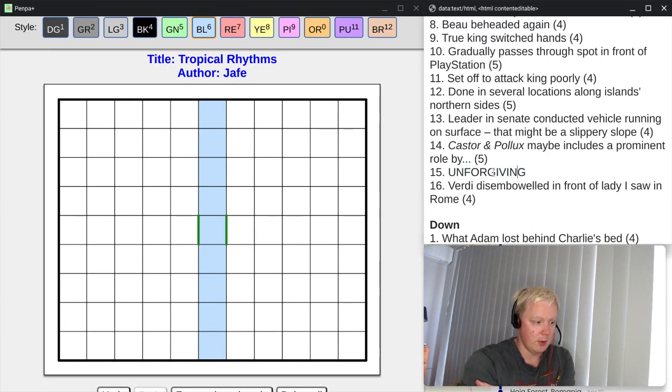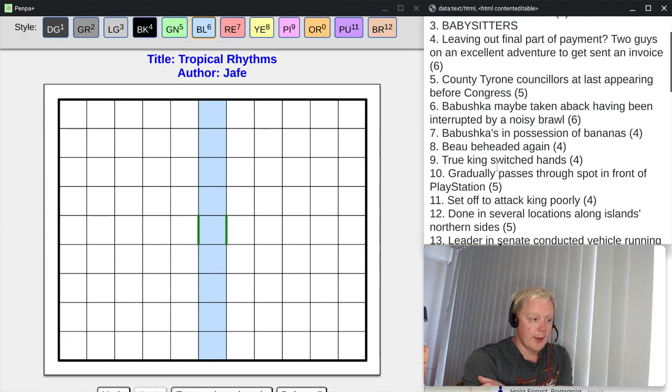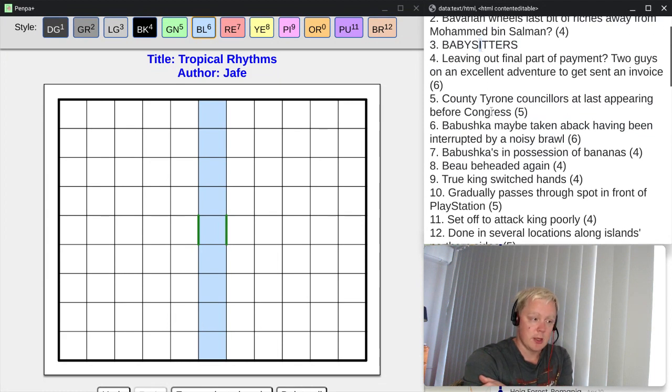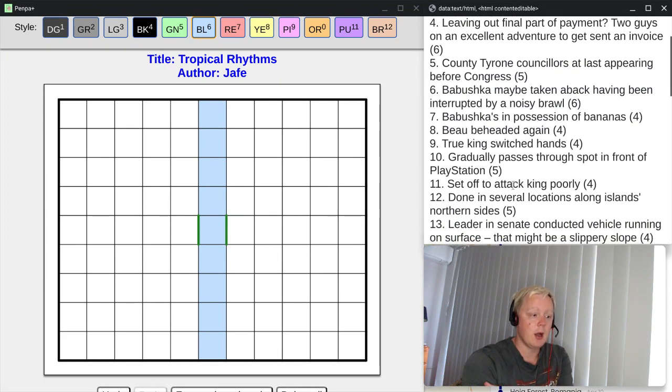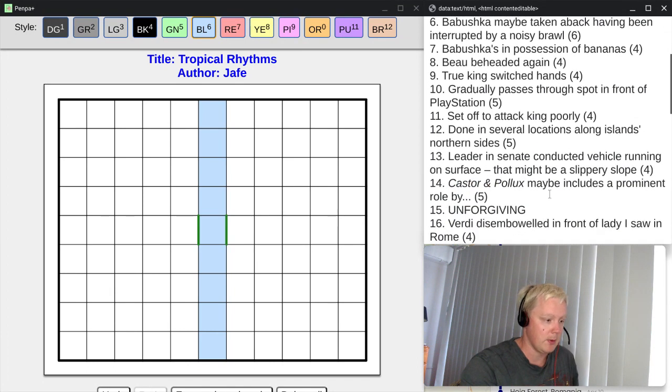It's going to be the central letter. So the central letter of unforgiving is this G here, and the central letter of babysitters is this I here. So I and G are going to be in symmetrical positions in the central down answer, and that should limit our options for what the down answer can be.